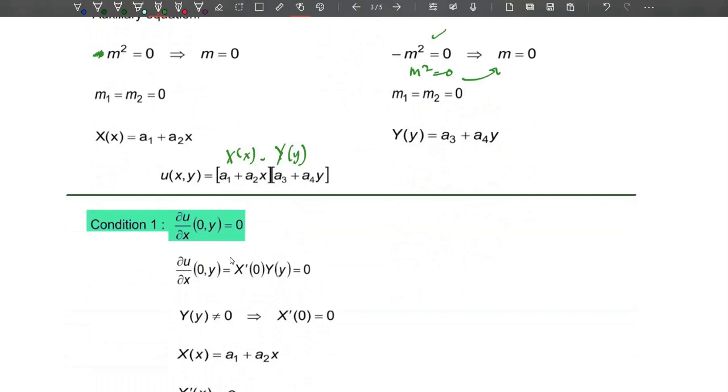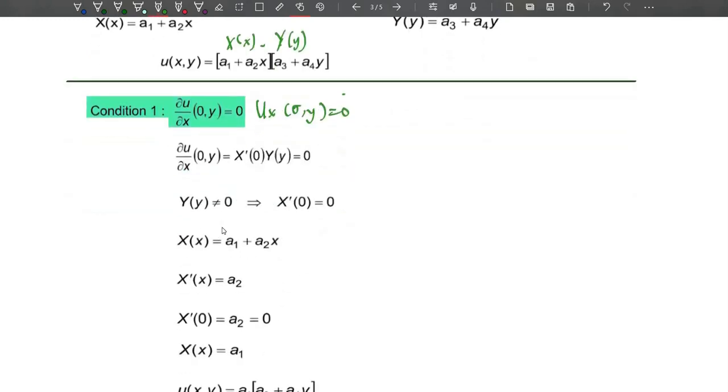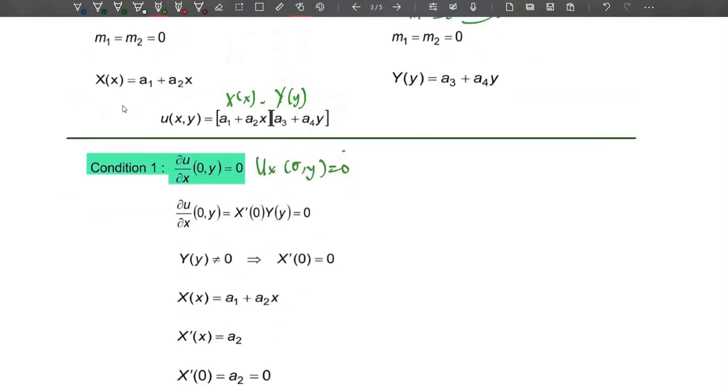We need to apply the first end condition again. The first condition would be del u del x at (0, y) equal to 0. Here we have X prime 0, Y of y equal to 0. And therefore Y of y does not equal 0, and then X prime 0 equals 0. This is the X of x that has been obtained earlier.